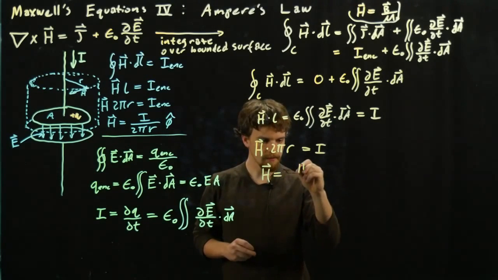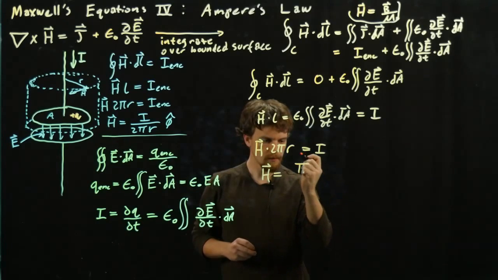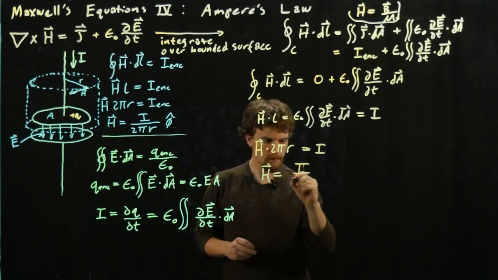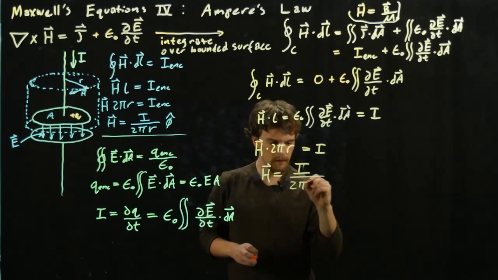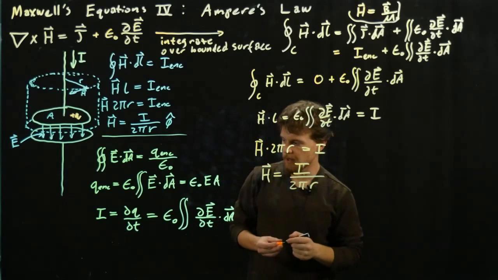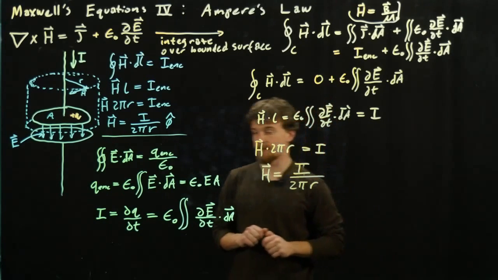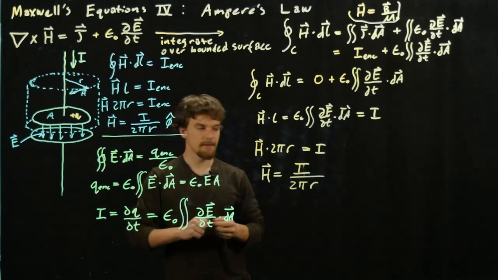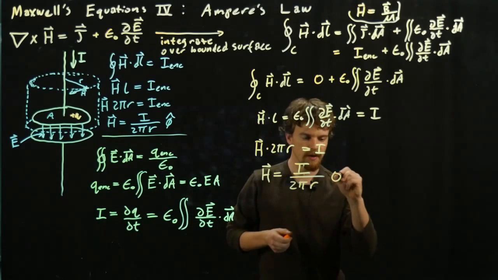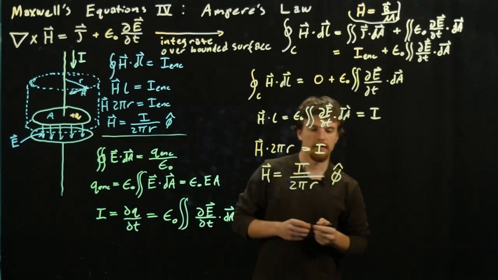It's equal to I. So again, we get the same exact thing. And the direction convention is also going to be the same. It's going to be in the unit direction of phi.